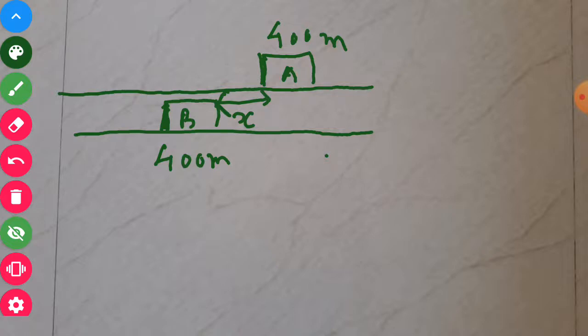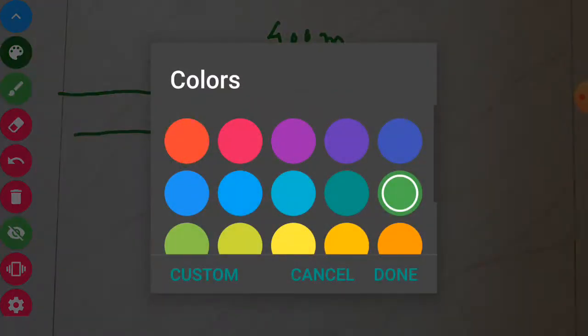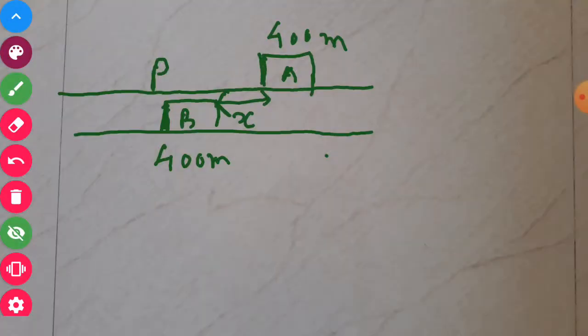Now see, this is point P where the guard of the second train is, and this is point Q. So P has to reach Q. How much distance does it travel?